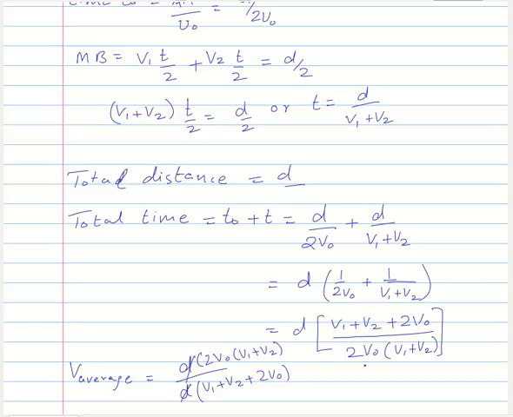This d cancels, and therefore our final result is v average is equal to 2 v naught times v1 plus v2 divided by v1 plus v2 plus 2 v naught.